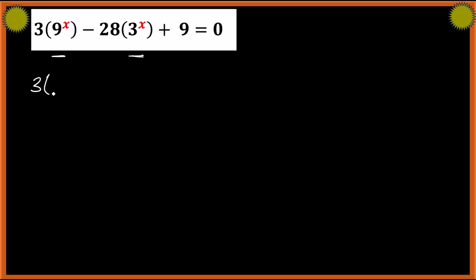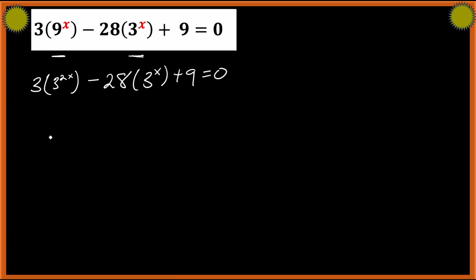So I'll change the 9 to 3 to the power 2. Then I'll multiply the x, minus 28 times 3 raised to x plus 9 equal to 0.